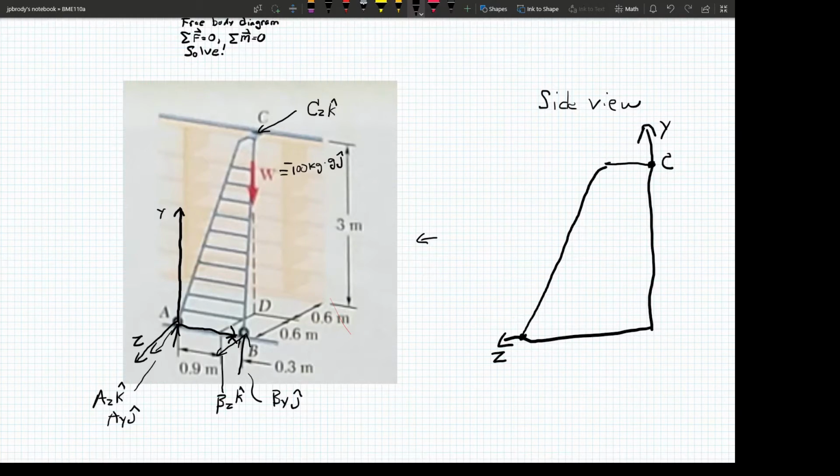Something like that. And the weight is acting right here, and it goes, of course, straight down.